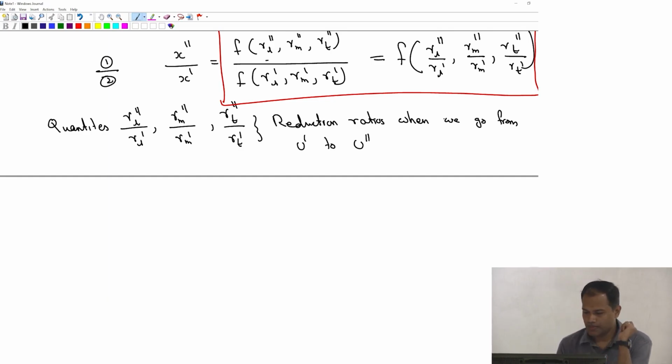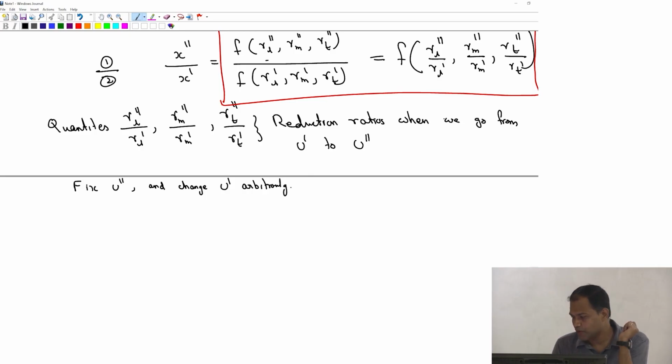What we will do is fix u double prime and change u prime arbitrarily.